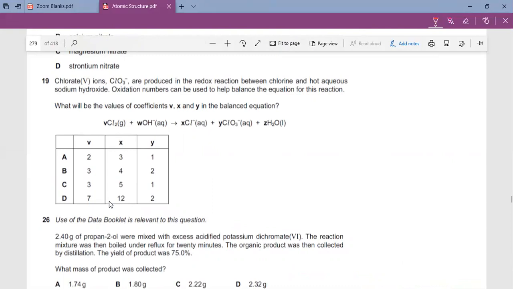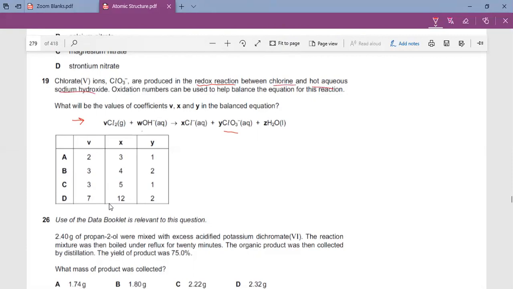Now this is, I think, the hardest one. Never mind. Now this whole equation here. Remember chlorate, this one you do a lot in your group 7. Chlorate ClO3 minus is produced in a redox reaction between chlorine and hot aqueous hydroxide.